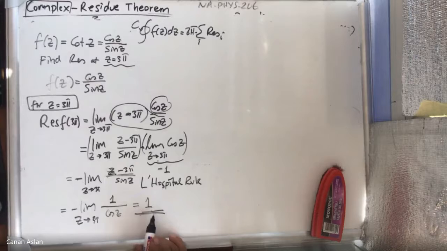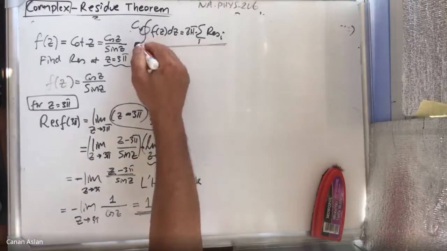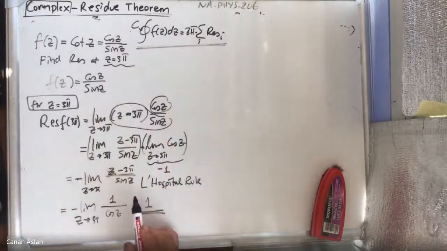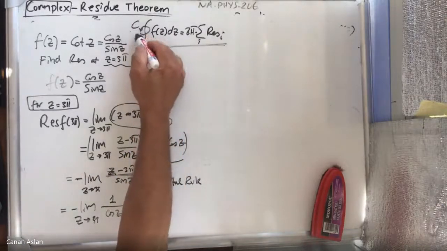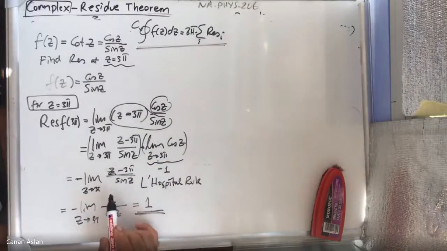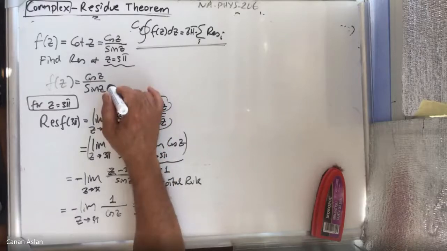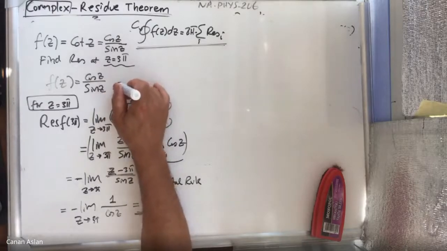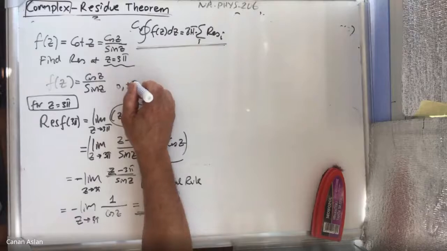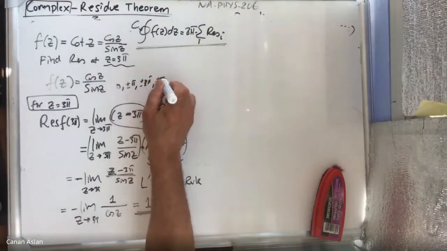Once we calculate this, if we want to get the integral of this function from -infinity to +infinity, or just around a closed curve, then we have to consider all the residues. But there are infinitely many residues: one at 0, the others at plus and minus pi, plus and minus 3 pi, plus and minus 5 pi, and so on.